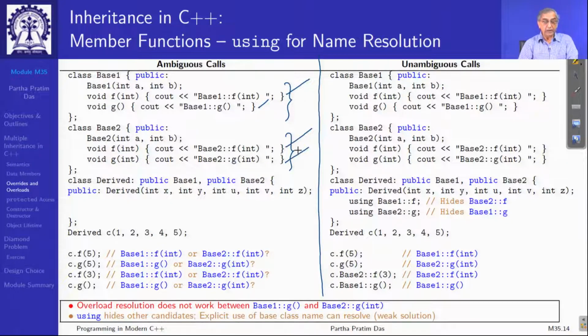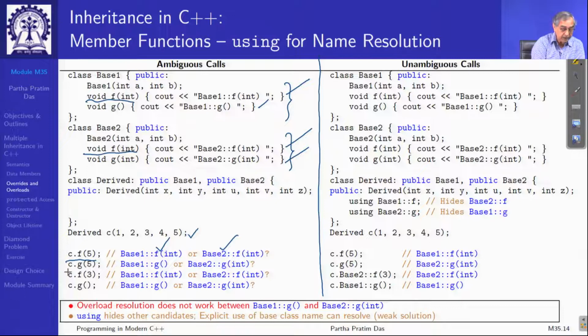Under this scenario, if I look at a derived class object which has inherited from here, I am not talking about any overloading or overriding, just trying to look at the semantics of what you inherit. Now, if I do C.f, then the question is which function, Base1 f or Base2 f, which one am I talking of? We do not know. Both functions have been inherited in the derived class. So, the compiler is confused.